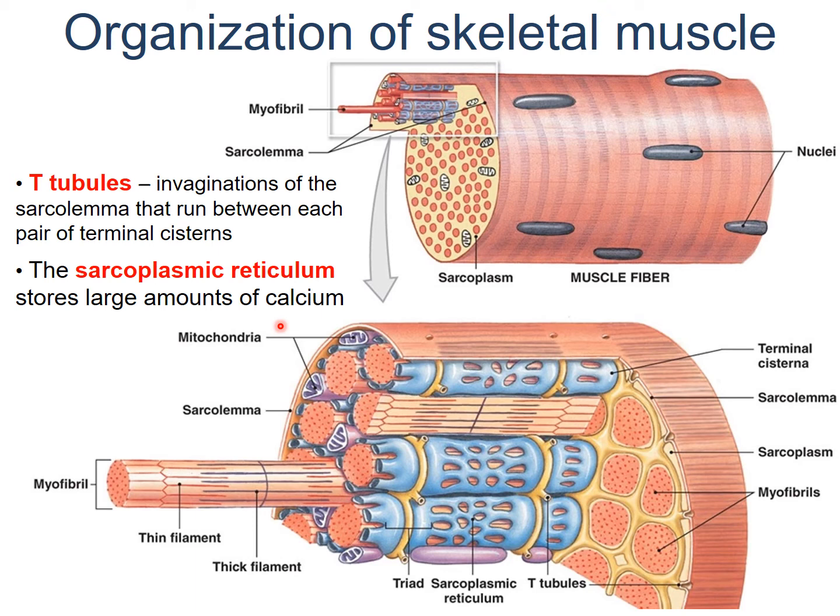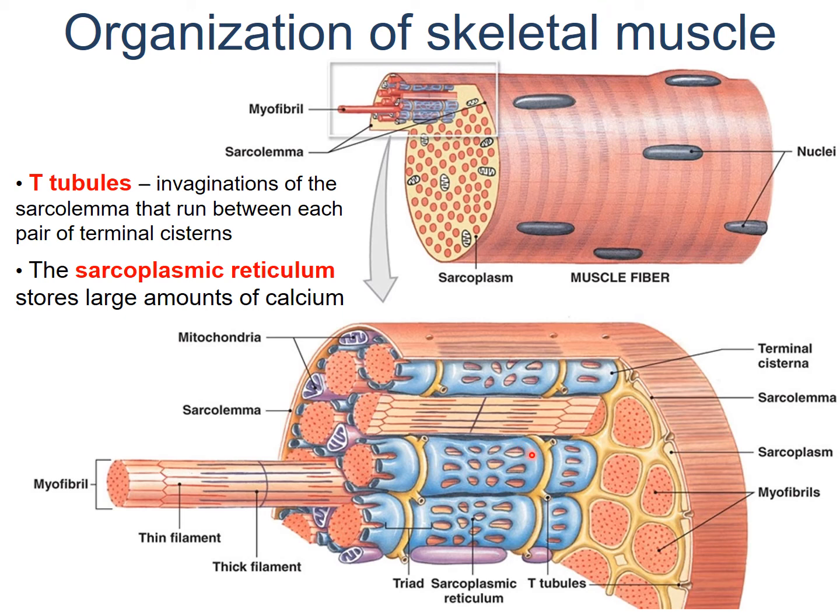Calcium is going to be really important for myofibril shortening and contraction. And we'll talk about the role of calcium in future slides. But all of these sarcoplasmic reticulums are storing calcium, okay? And if we look at one sarcoplasmic reticulum, we'll take this one right here. If you look, the laser pointer is on the end of this sarcoplasmic reticulum.